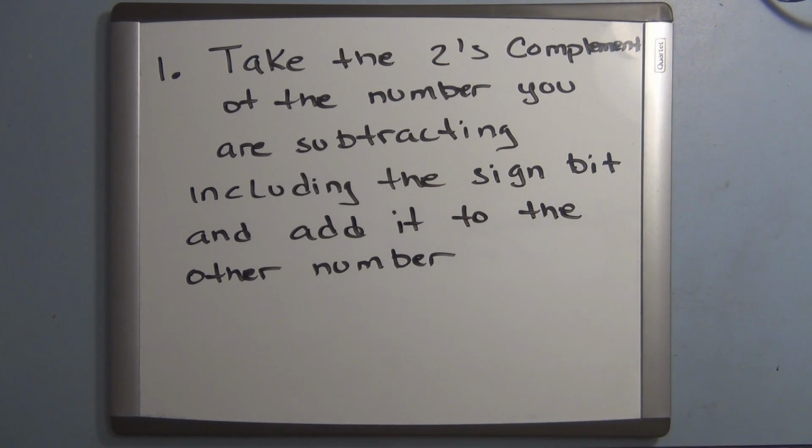If it's a negative number, it will then change it back into a positive number with a positive sign bit in true magnitude form. And we've already done that in some previous examples, except we were adding a negative number. Adding a negative number is the same as subtracting a positive number, and vice versa.